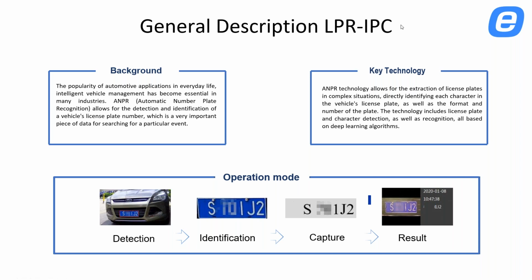So the key technology: ANPR technology allows for the extraction of license plates in complex situations, directly identifying each character in the vehicle's license plate, as well as the format and number of the plate. The technology includes license plate and character detection, as well as recognition, and it's all based on deep learning algorithms, so like AI.